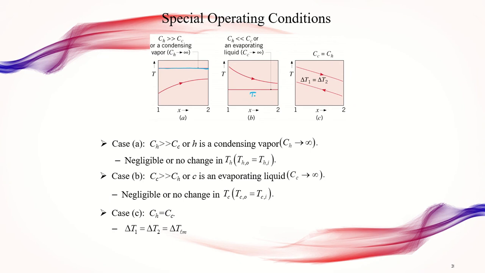So TC here would be the same. And also another special case is where the heat capacity rate of the hot side equals the heat capacity rate of the cold side. So we're going to see that the LMTD is actually the delta T1, which also equals delta T2.